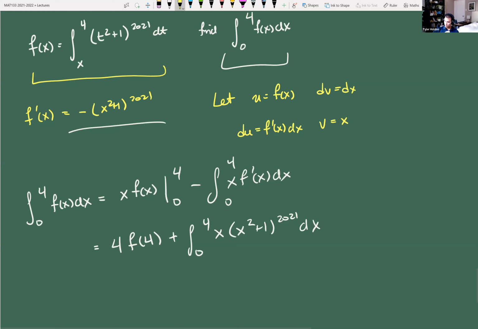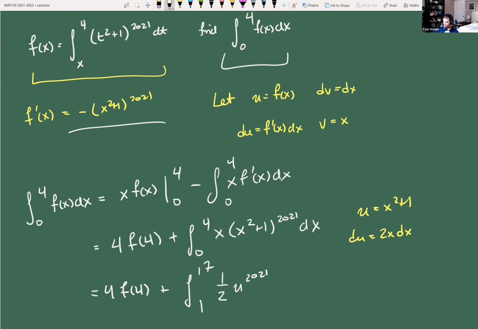Now I can solve this with a substitution. So let's let u be x squared plus 1. So du is 2x dx. And so this becomes 4f of 4 plus 1/2. Well, here, let me write in the substitution first. So we're going to get the integral from 1 to 17 of 1/2 u to the 2021 du.